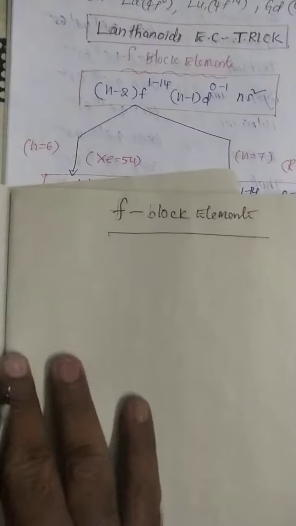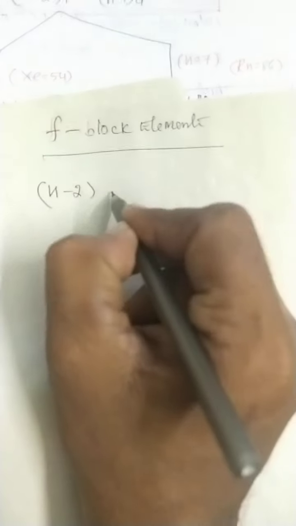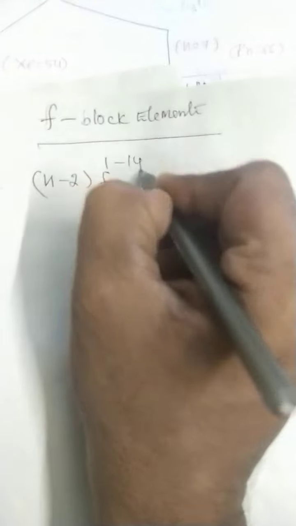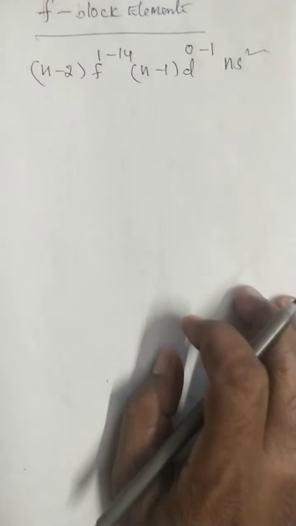F block elements general electronic configuration is, you know that very well, n minus 2 f 1 to 14, n minus 1 d 0 to 1, ns2. Okay? This is the F block element general electronic configuration.